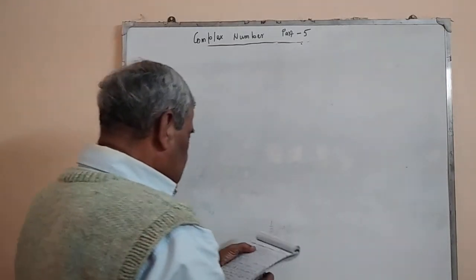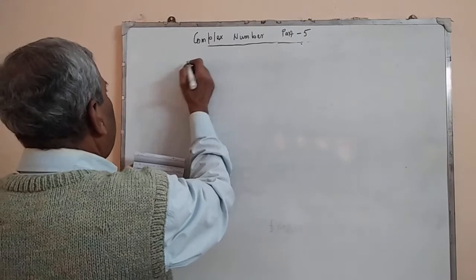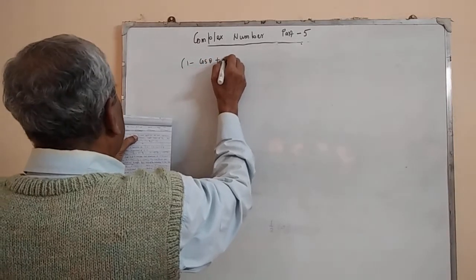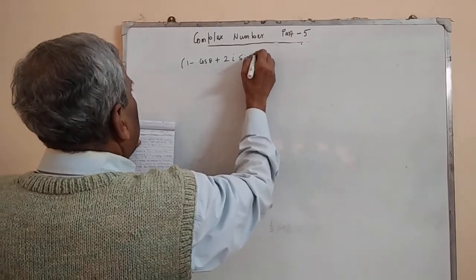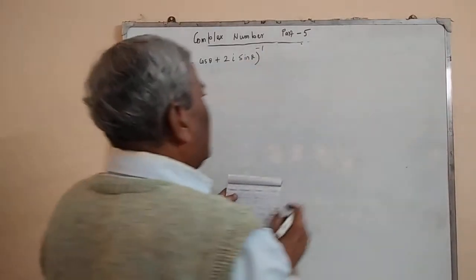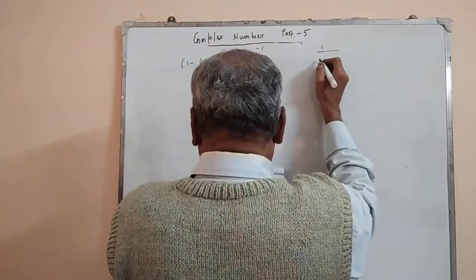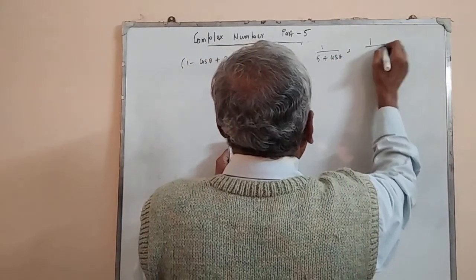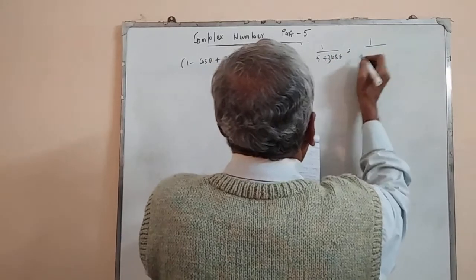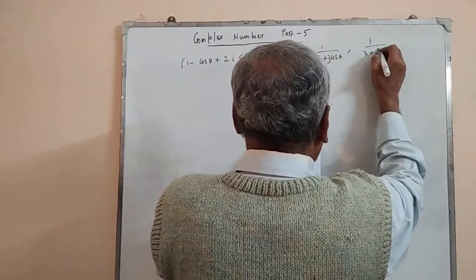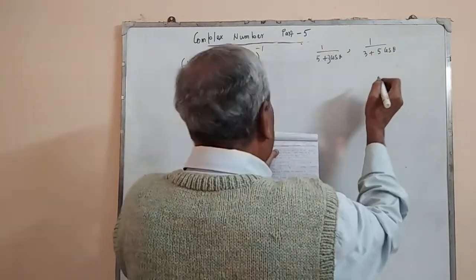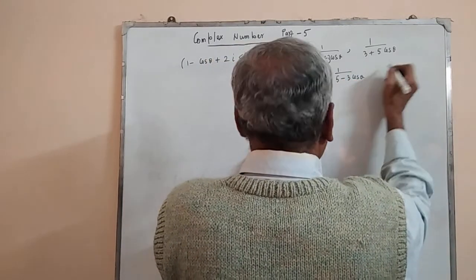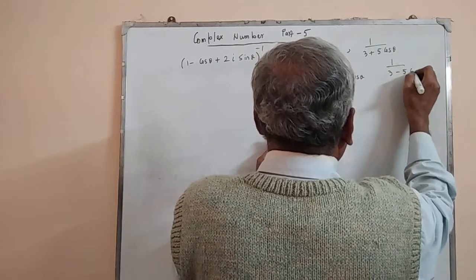The real part of (1 minus cos theta plus 2i sin theta) to the power minus 1 is: option 1, 1 by 5 plus 3 cos theta; second option, 1 by 5 plus 3 cos theta; third option, 3 plus 5 cos theta; number 3, 1 by 5 minus 3 cos theta; and the fourth option is 1 upon 3 minus 5 cos theta.